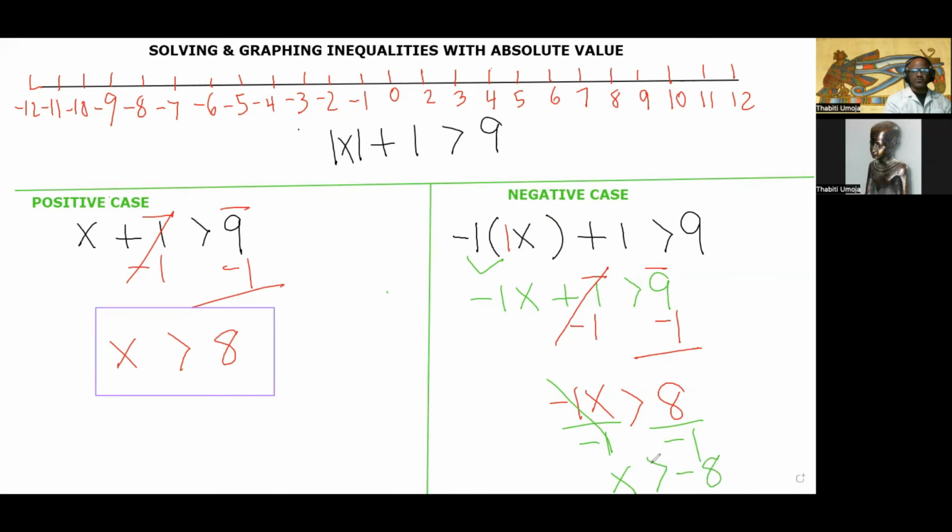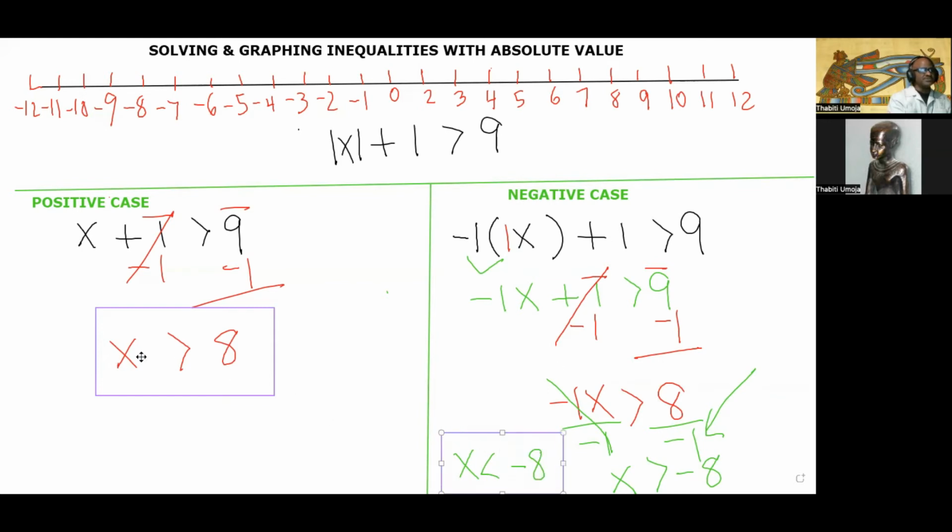However, since we have to divide by a negative number, that sign is going to change to the opposite of what it is. And so instead of x is greater than -8, it's going to be x is less than -8 on this side. Okay.